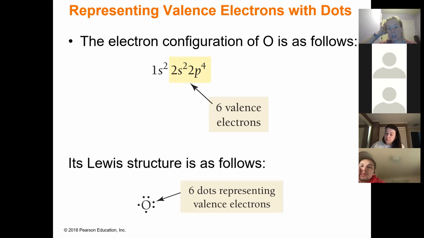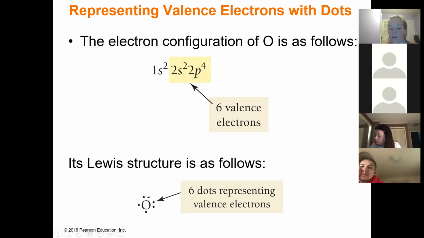So if we look at oxygen, this is the electron configuration for oxygen: 1s2, 2s2, 2p4. To figure out what the valence electrons are, we look at the highest orbital number and we add up those electrons. So 2 here and 4 here gives us a total of 6 valence electrons. If I was to draw the Lewis structure, I would write the symbol for oxygen, and then I would have 6 dots around it.